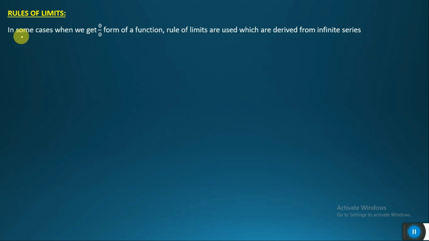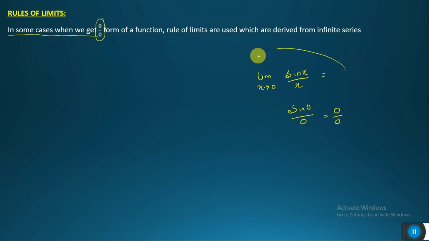Now, rules of limits. In some cases, we get situations like this, 0 by 0. Suppose a simple classic example: limit x tending to 0 of sine x by x. In this case, sine 0 by 0 is 0 by 0. We are getting this kind of case.